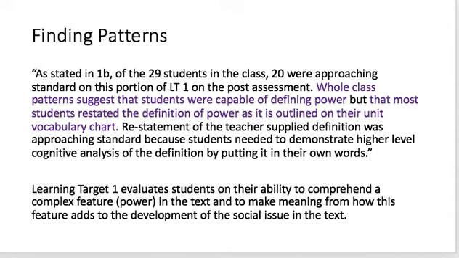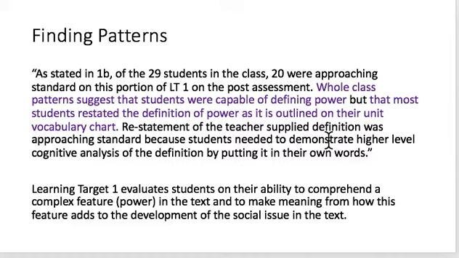So as far as patterns go then, right, some examples again from the perfect EdTPA. As stated in 1B, of the 29 students in the class, 20 were approaching the standard in this portion of learning target 1 on the post-assessment. Whole class, now here's a whole class pattern, suggests that students were capable of defining power, but that most students restated the definition of power as it is outlined in their unit vocabulary chart.